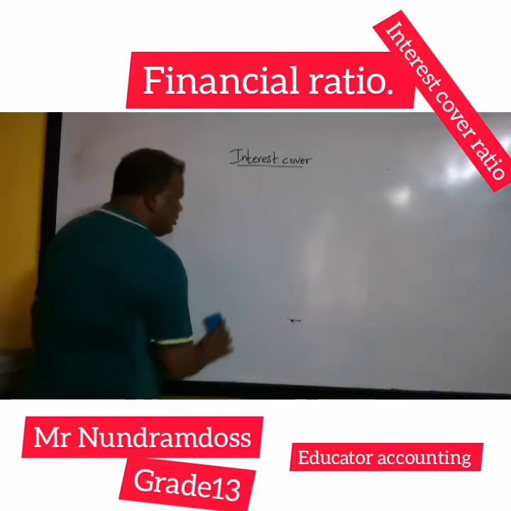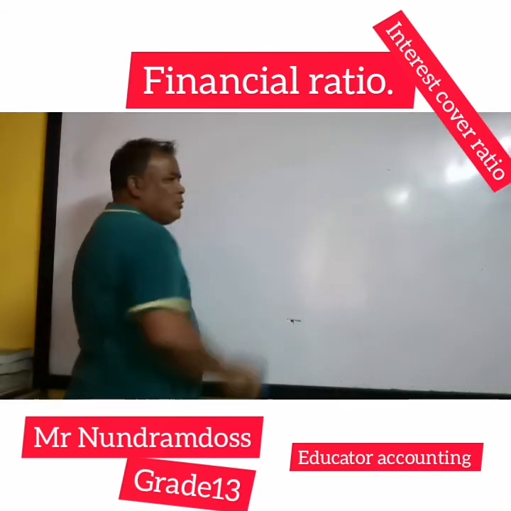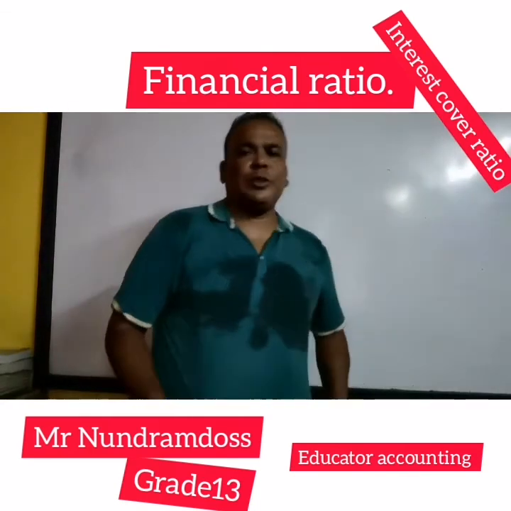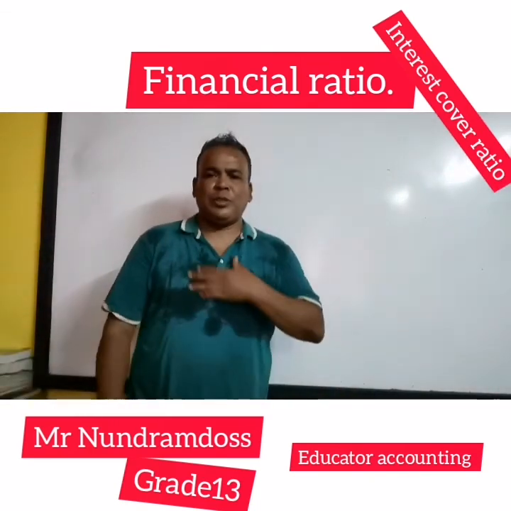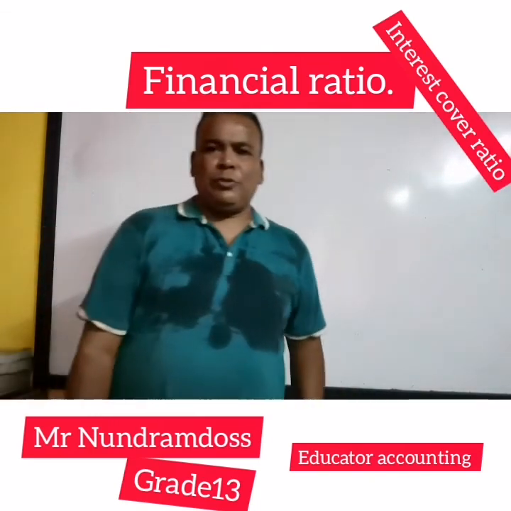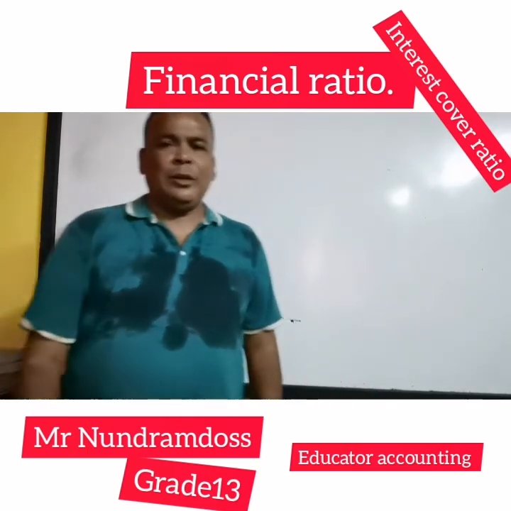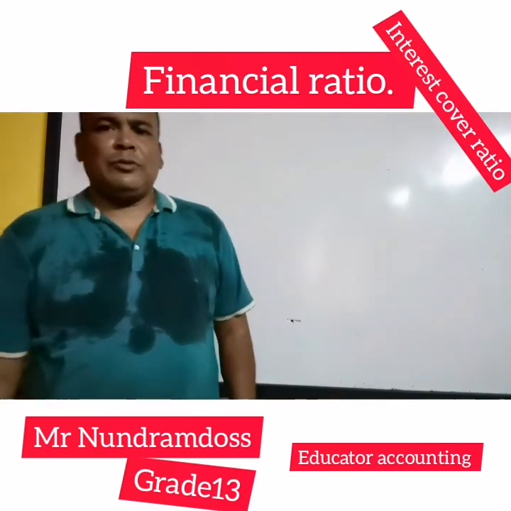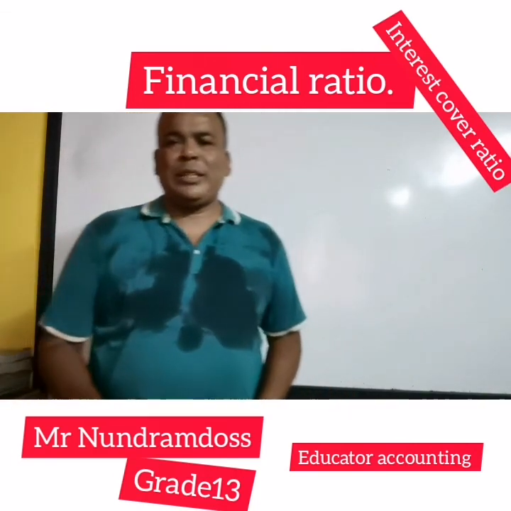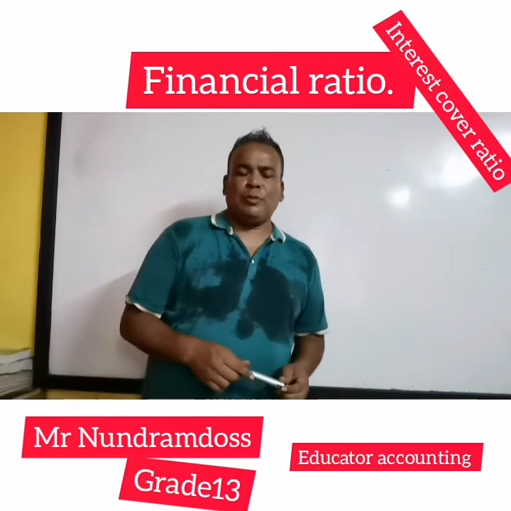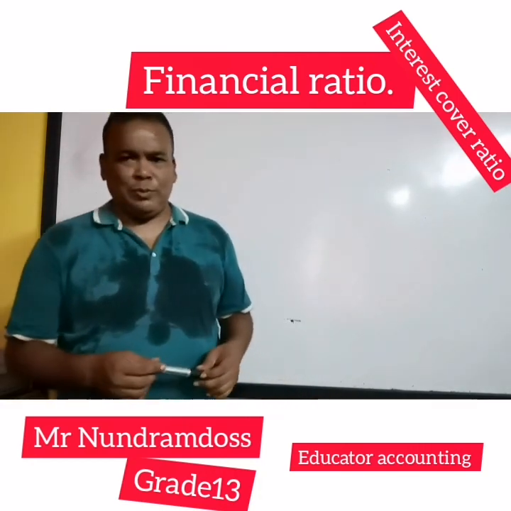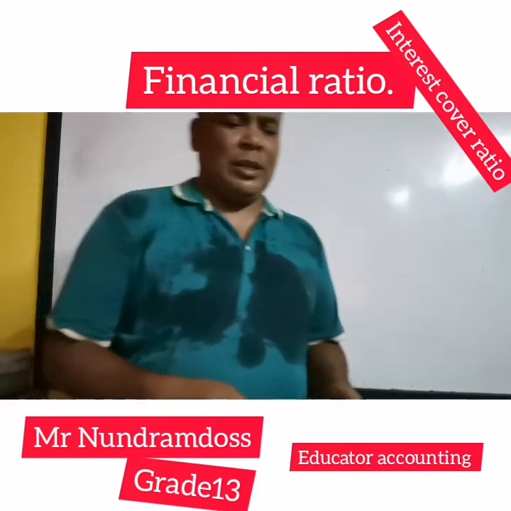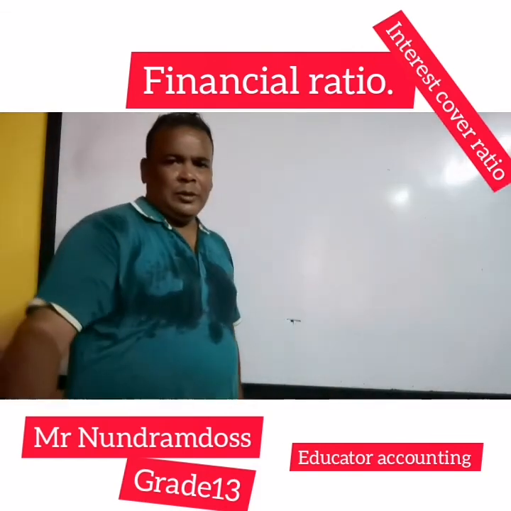The standard interest cover ratio should be 2 times, that is 50% of the profit will be used to pay interest charges and 50% of the profit will be left for reinvestment purposes and to pay dividend to shareholders. So here we are concerning interest cover ratio.